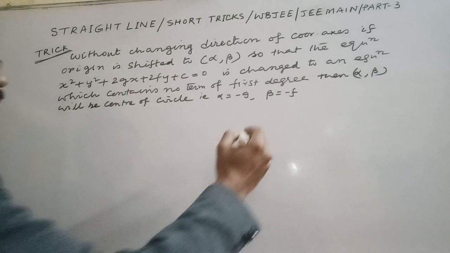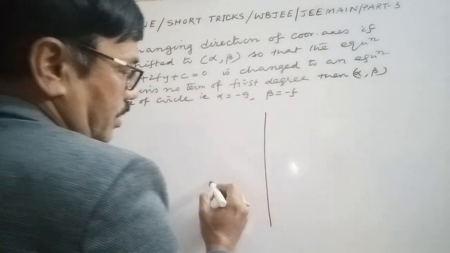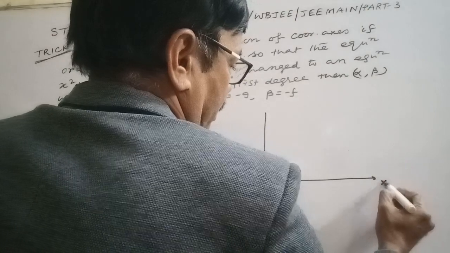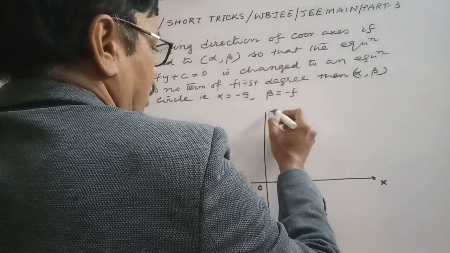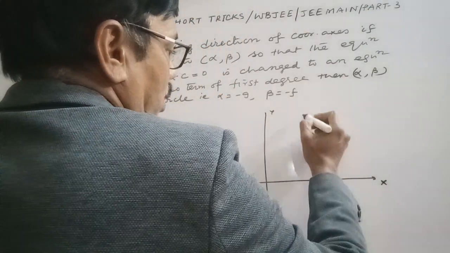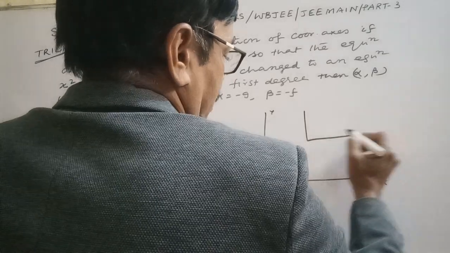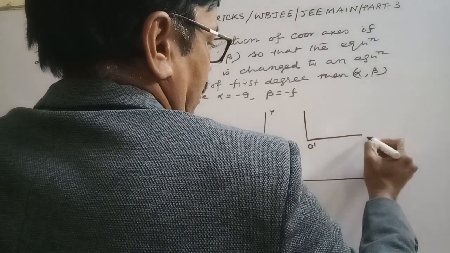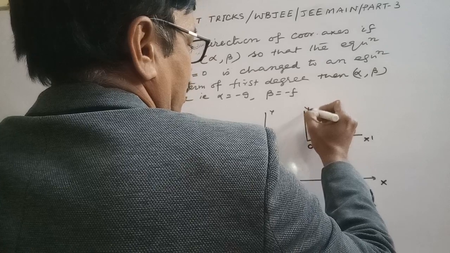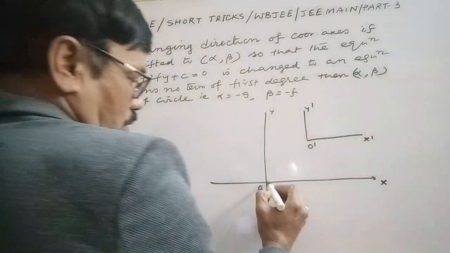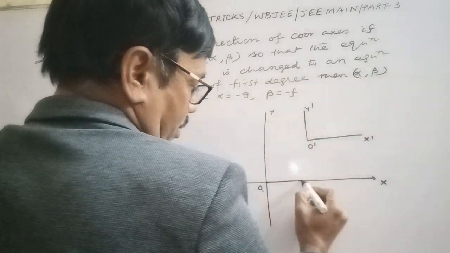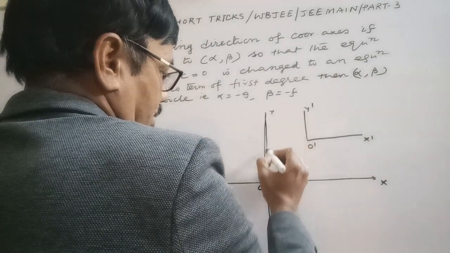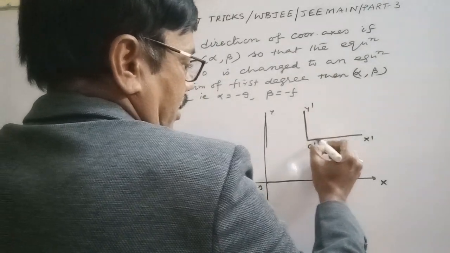Changing, so look, this is our coordinate system. Now this is origin. Origin is shifted, suppose here O dash. This is x dash, this is y dash. So look, this direction, and here also the same direction.